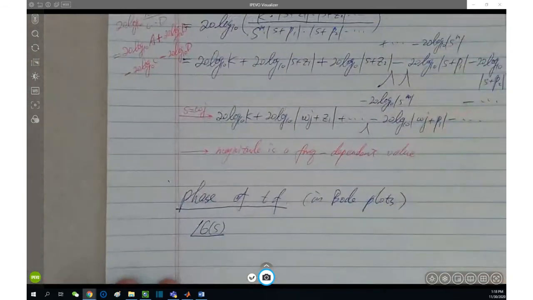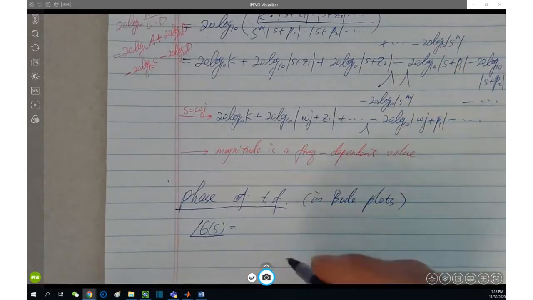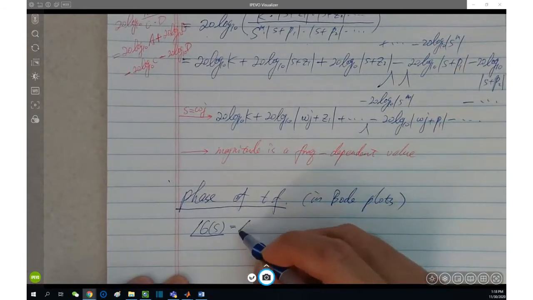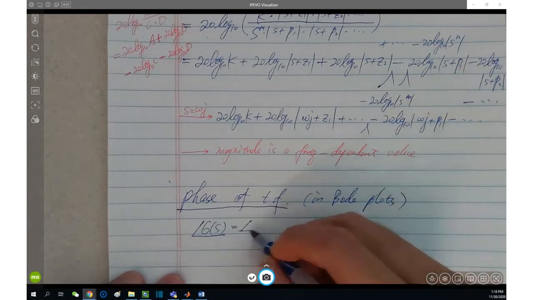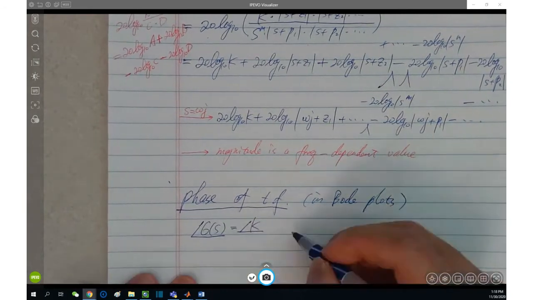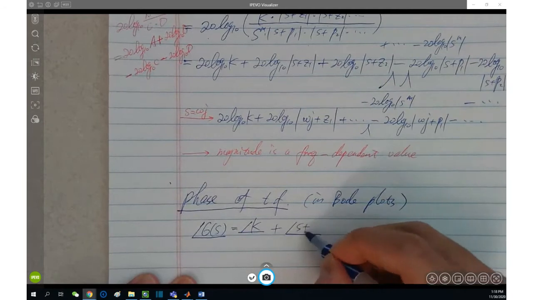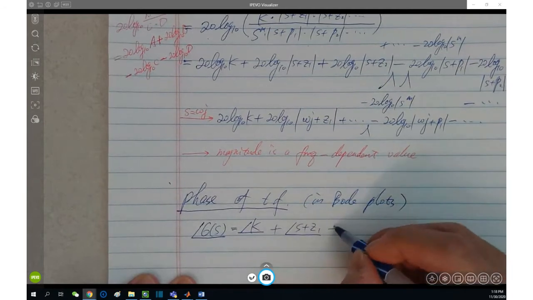The phase here is also obtained by looking at each term involved in the transfer function again. The first is the gain k. We have done this quite a bit back in module 6.